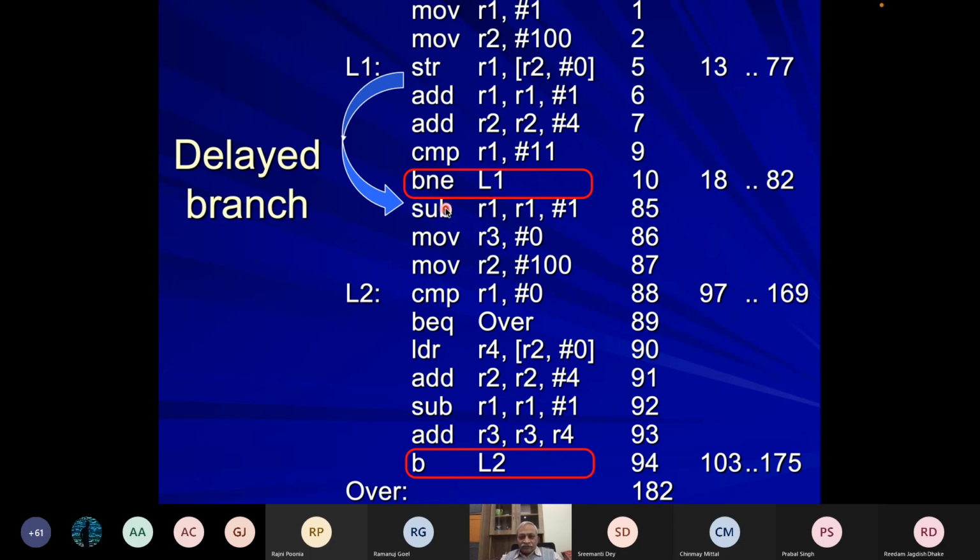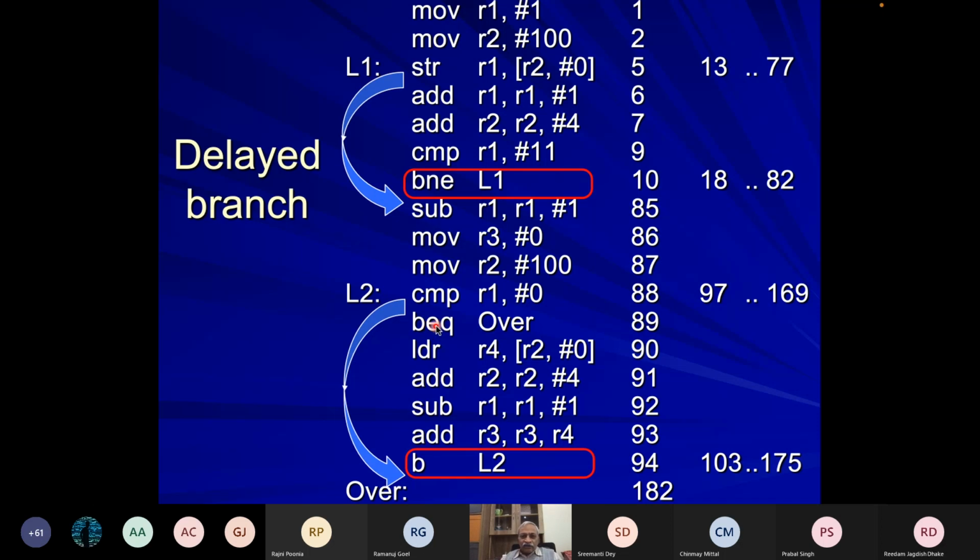And similarly, moving this compare after this branch. Doing an extra compare is of course harmless if you were not doing anything else with the flags. So the compare will be done here whether you're branching or not branching, and then you branch to this point which will have BEQ as the first instruction.